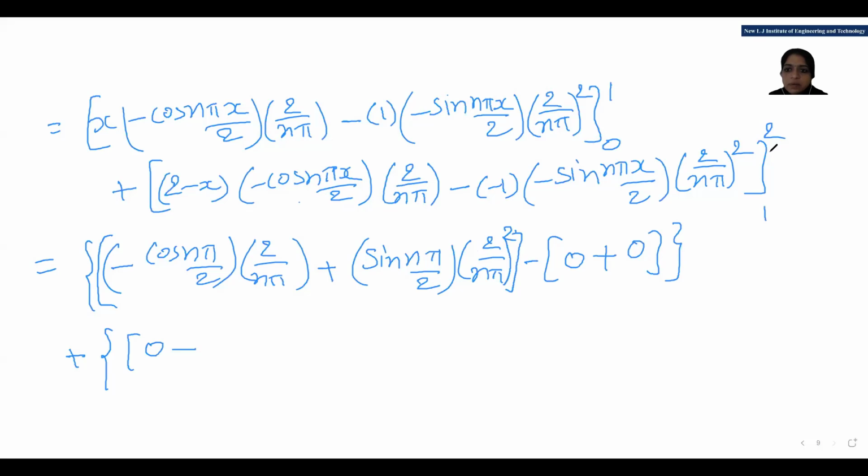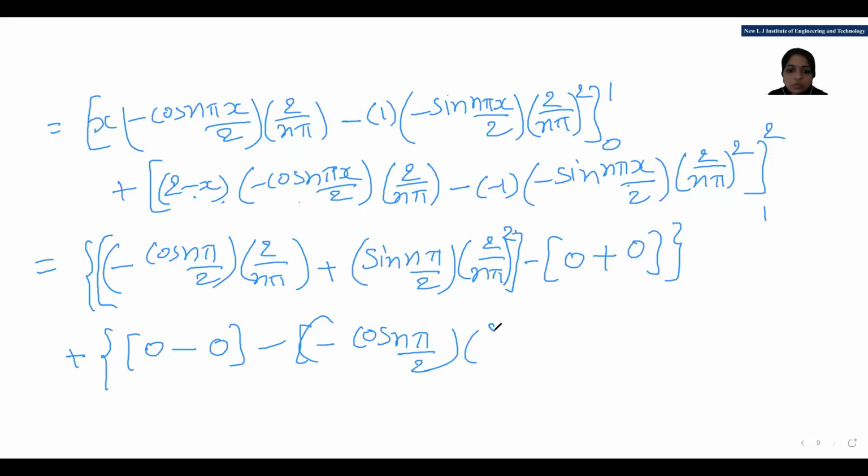Now in the second step, if I substitute my upper limit, then my first term will be 0. If I substitute 2 in the second step, then sine n pi and sine n pi is again 0. Now for the lower limit, if I substitute 1 here, so 2 minus 1, that is 1, and for 1, that is minus cos n pi by 2, right?